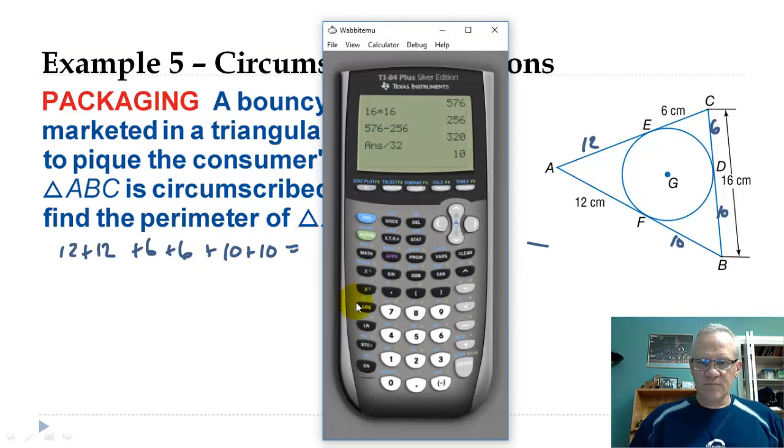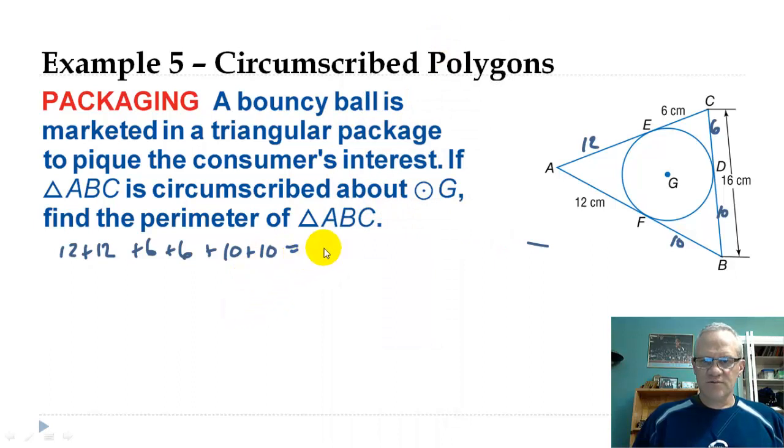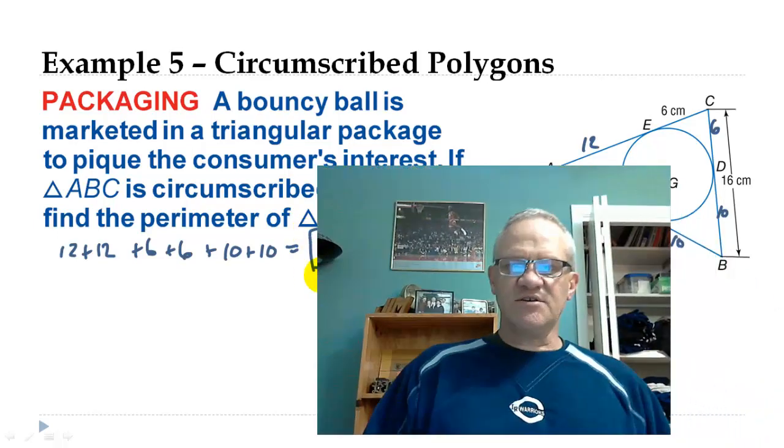And so 12 and 12 is 24. 6 and 6 is 12. And 10 and 10 is 20. So altogether, that's going to be 56. And so this would equal 56 centimeters.